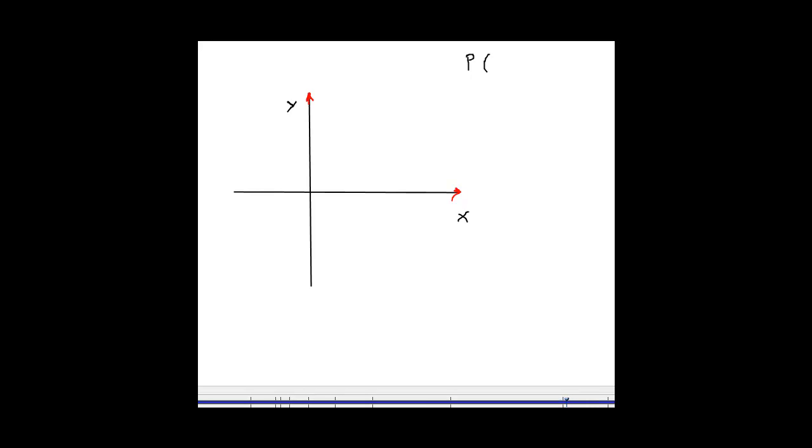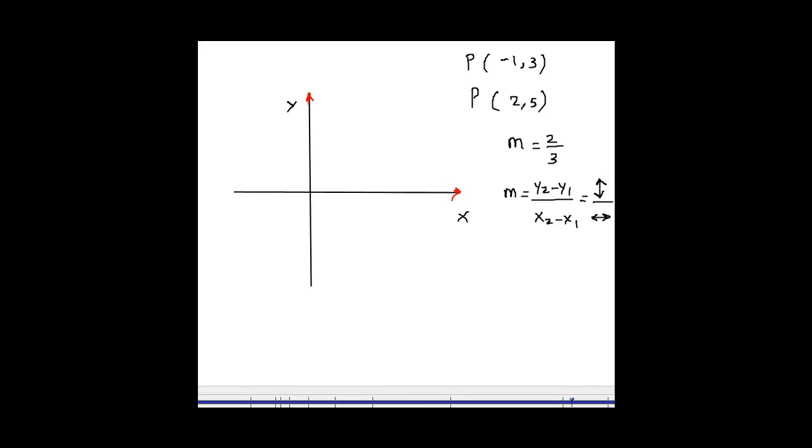We have 1 point here, negative 1 and 3, and the other point here is 2 and 5. But we also found the slope, which is 2/3. And earlier you said the slope is y2 minus y1 over x2 minus x1. So it means change in y over change in x. That's what the slope is.